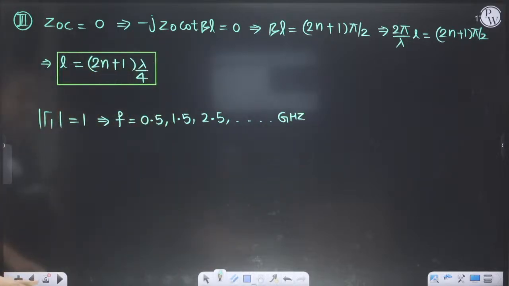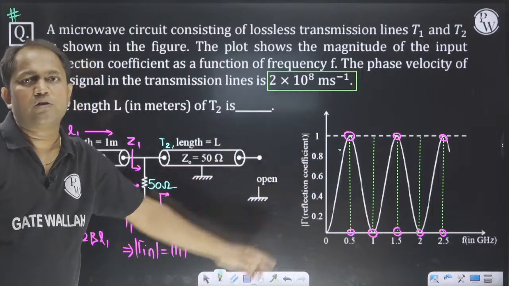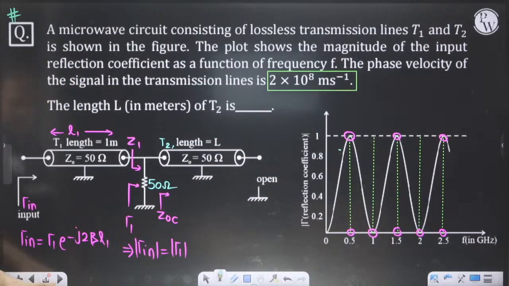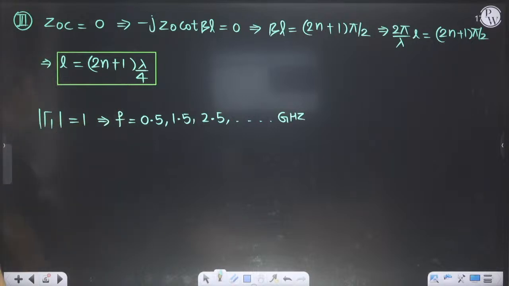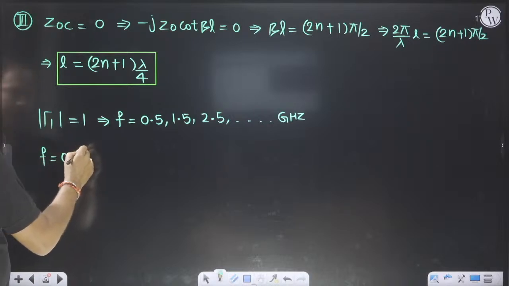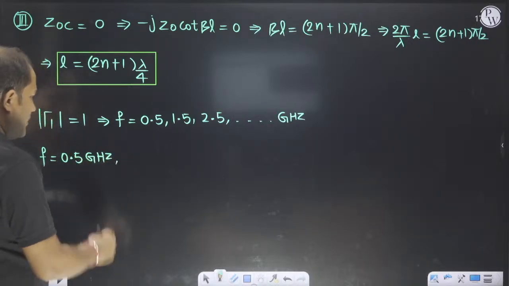For reflection coefficient magnitude equal to 1, the frequency at this point will be 0.5 gigahertz. So if I take 0.5 gigahertz frequency, then what will happen?